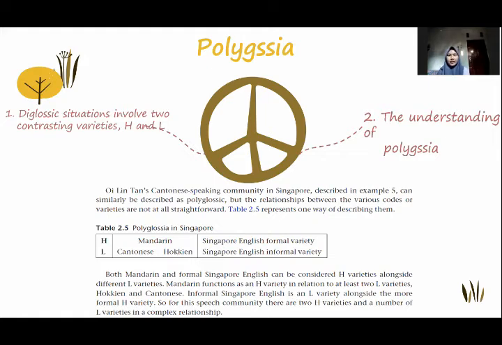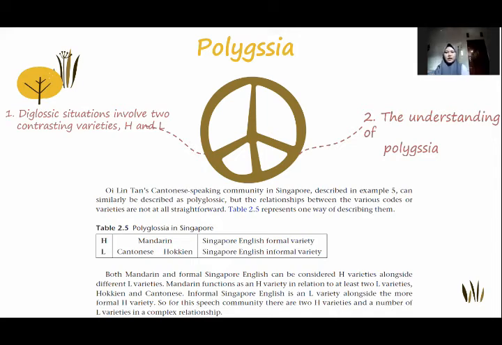People like Kalala in Bukavu use a number of different codes for different purposes. The second, the understanding of polyglossia. The term polyglossia has been used for situations like this, where a community regularly uses more than three languages, and the above is an example of polyglossia.